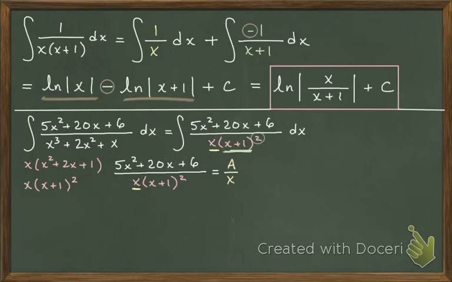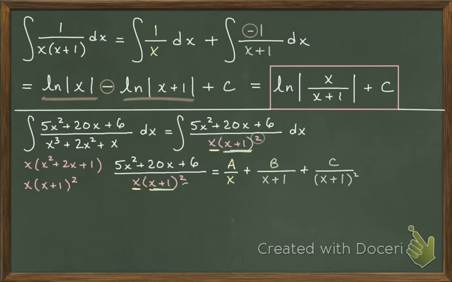The repeated factor has two terms that go along with it: b over x plus 1 and c over x plus 1 squared. Okay? And the reason is that in order to bring those together to get a third degree, I have to have all of those possibilities. We can't just assume that it's just c over x plus 1 squared. There's a possibility that it's also b over x plus 1. So we have to consider that as one of our terms in the decomposition. You'll get used to it.